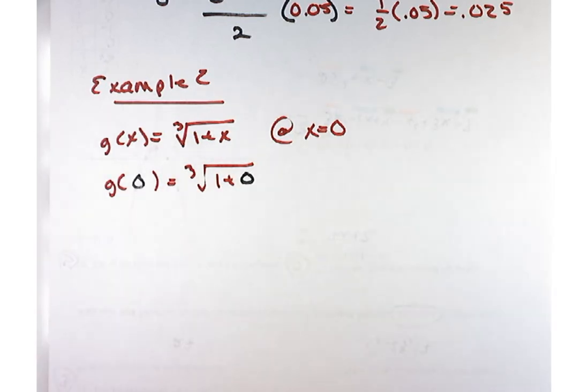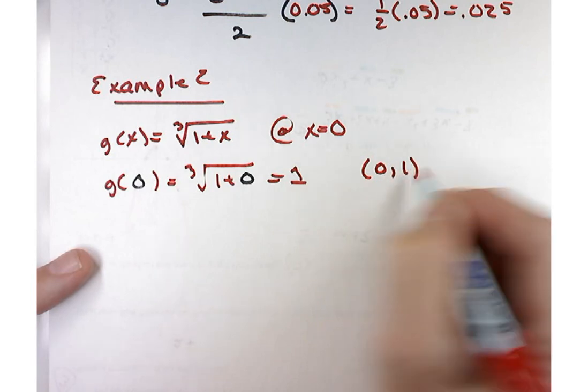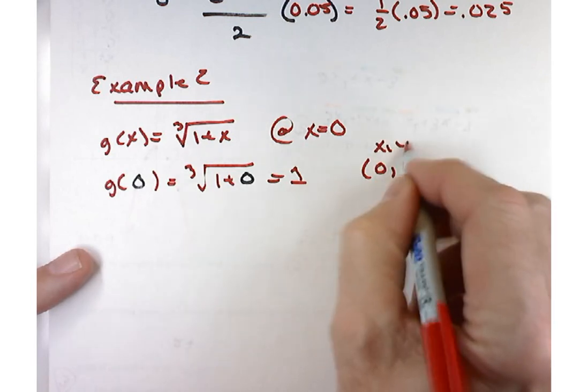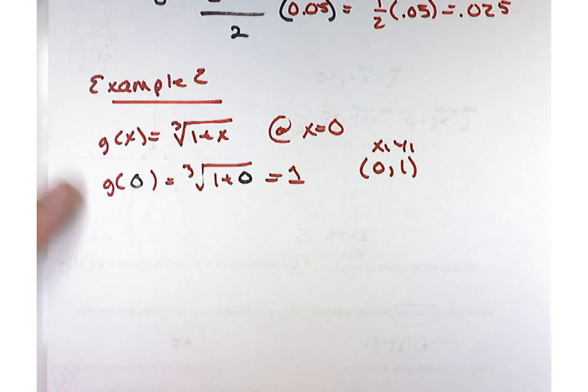So g of 0 equals 1. So 0, 1 is your point. That's your x1, y1. And now I need a slope. What's the slope of the line going to be? How am I going to find the slope of a line?